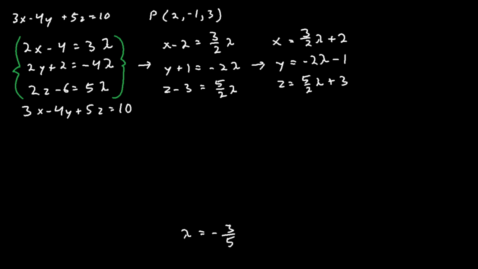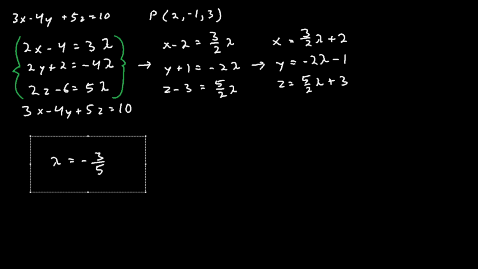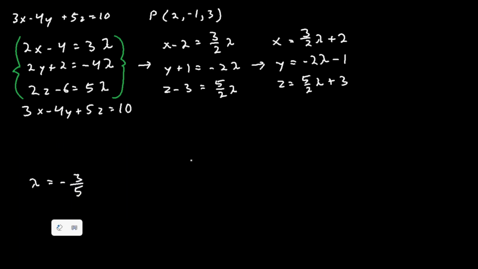So now that we have lambda isolated, we can plug lambda into each of these x, y, z values. So x is equal to 3 over 2 times negative 3 over 5 plus 2.